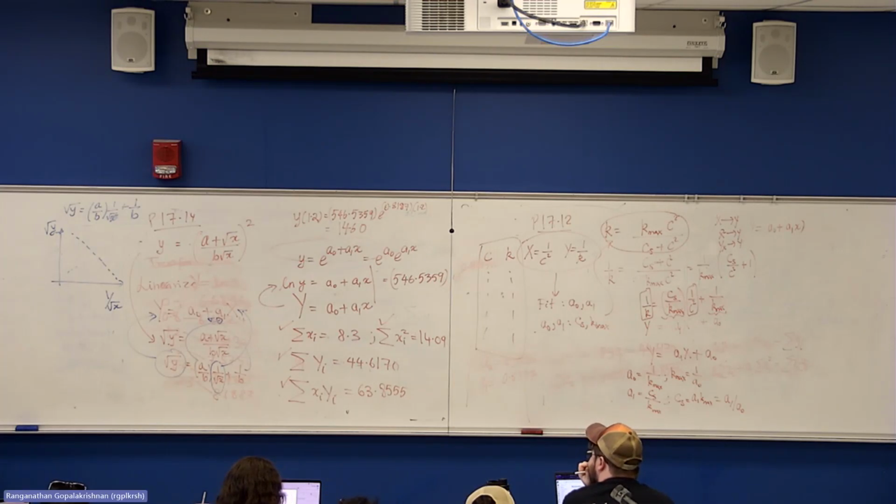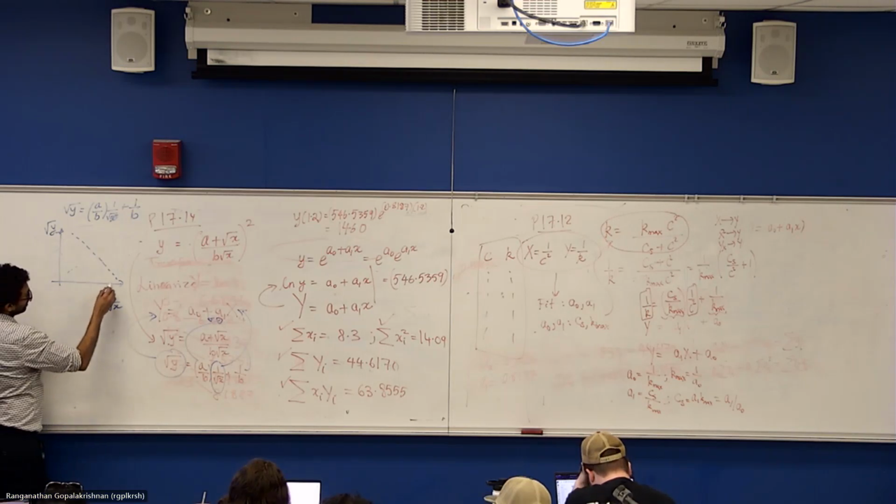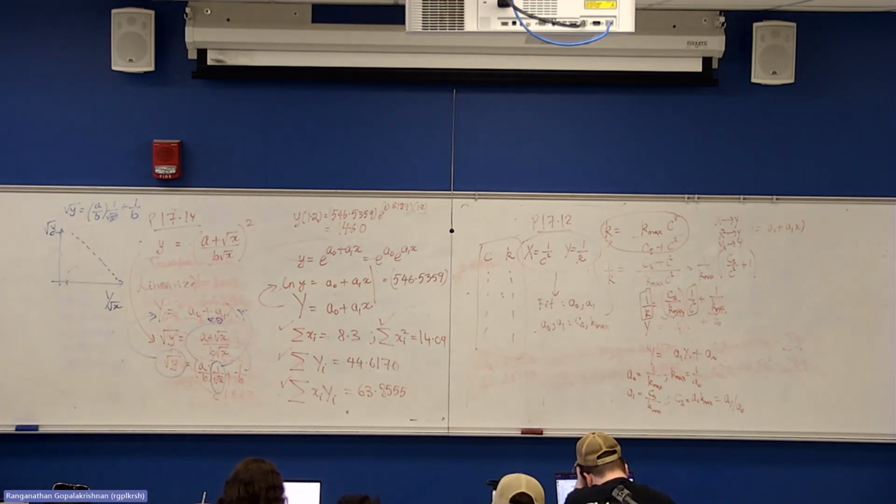Yes. How do you know that the slope is negative? Well, if you take x values that are large, 1 over square root of x will be small values. Those will be mapped onto the smaller portion. So let me look at the data here.